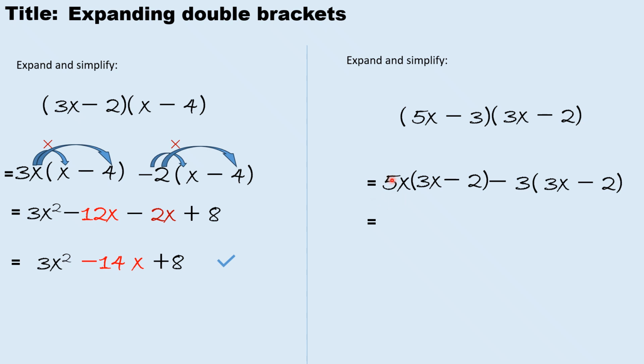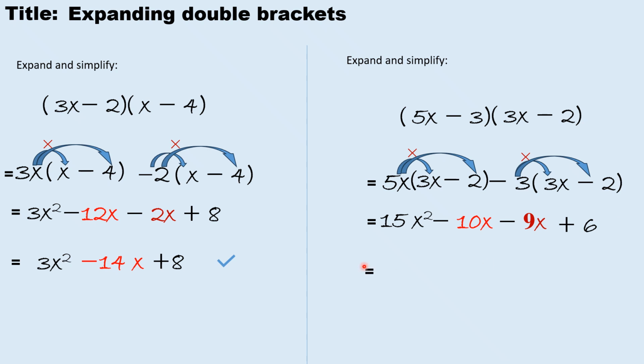Therefore, 5x multiplied by 3x should give you 15x squared. Then 5x multiplied by minus 2 should give you minus 10x. Then minus 3 multiplied by 3x should give you minus 9x. And then minus 3 multiplied by minus 2 should give you positive 6.